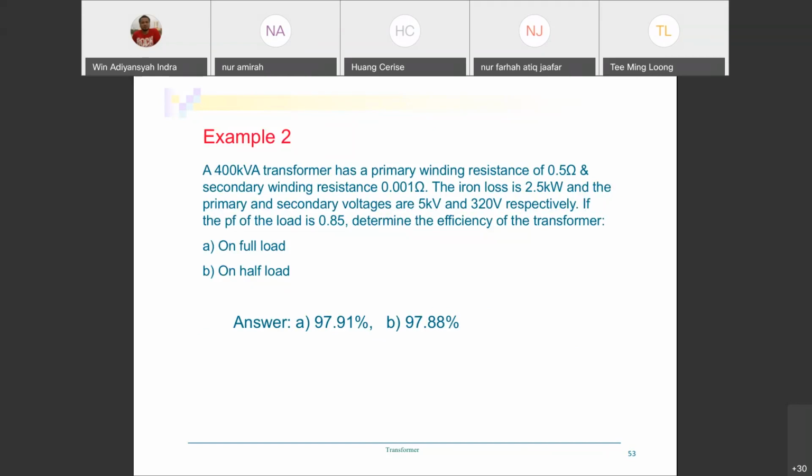So if PF of the load is 0.85, determine the efficiency on full load and on half load. On full load and half load. Okay, let's see the solution.